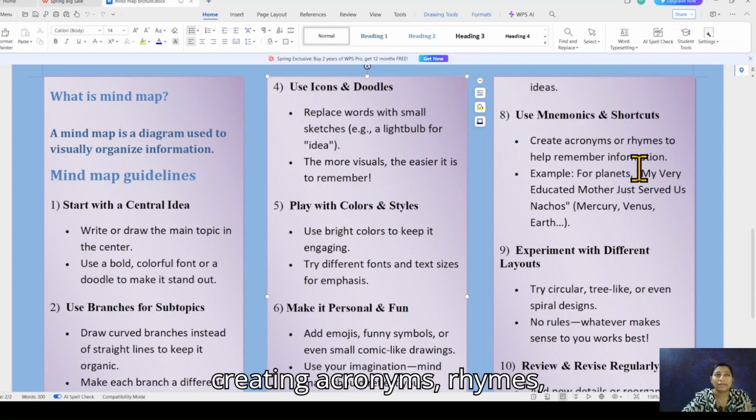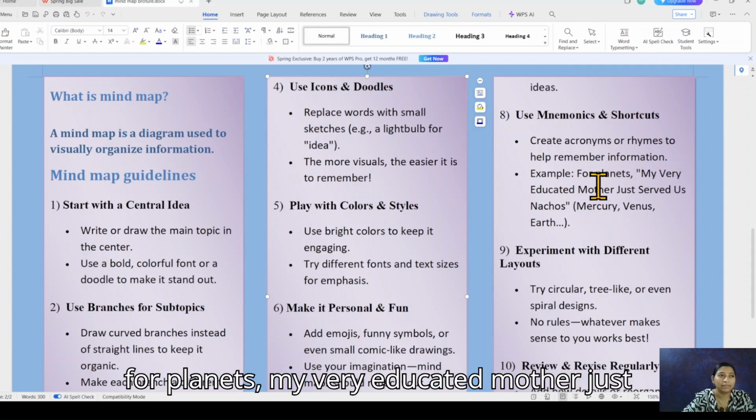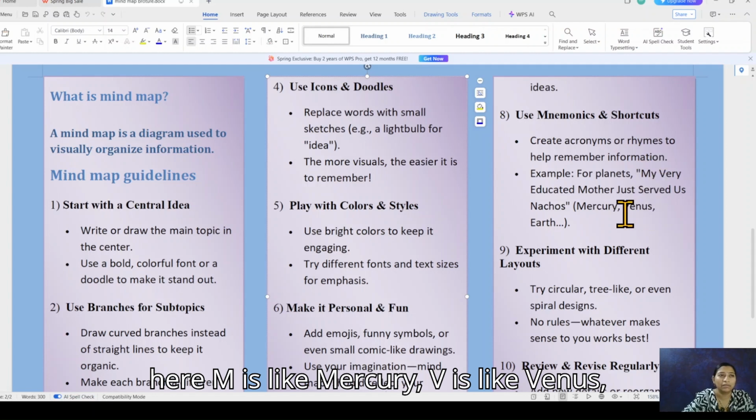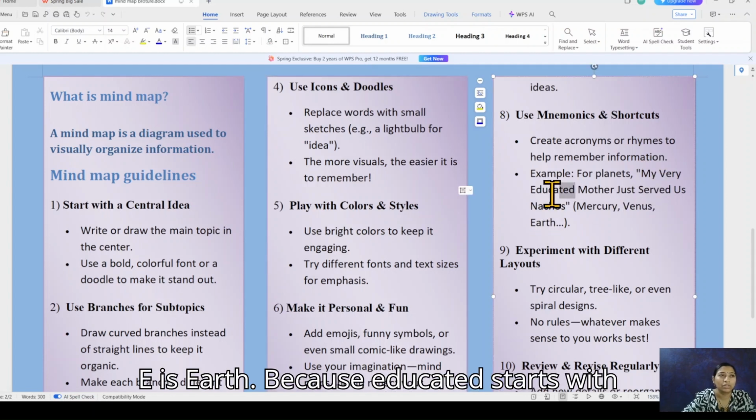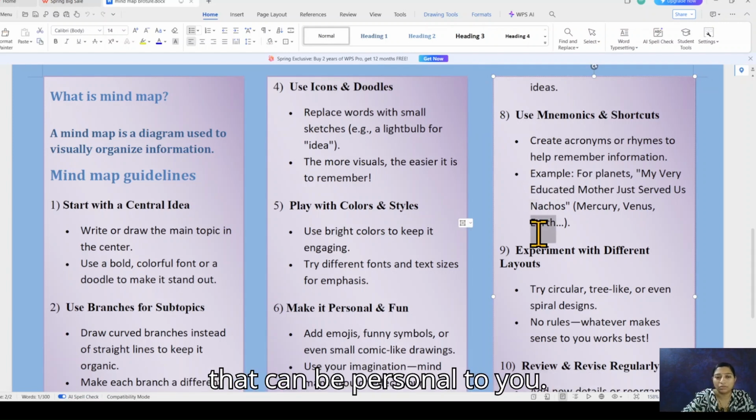So creating acronyms, rhymes, mnemonics will help a lot to remember difficult words. See, this is the example. For planets: my very educated mother just served us nachos. So here M is Mercury, V is Venus, E is Earth, because educated starts with E, that is Earth. But that can be personal to you.